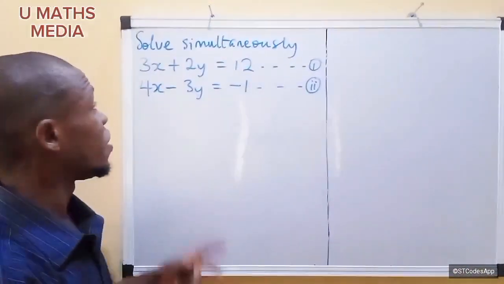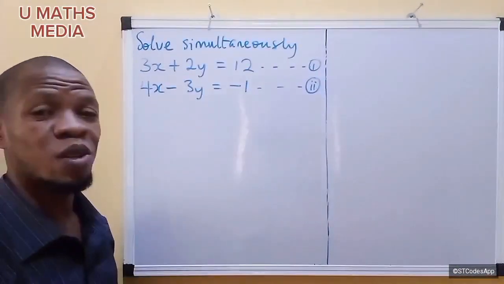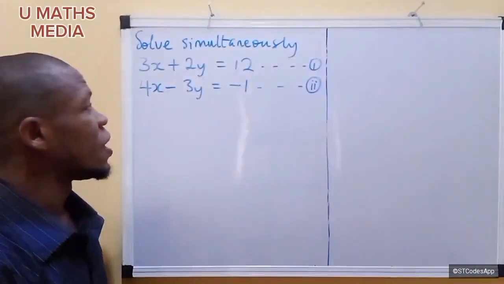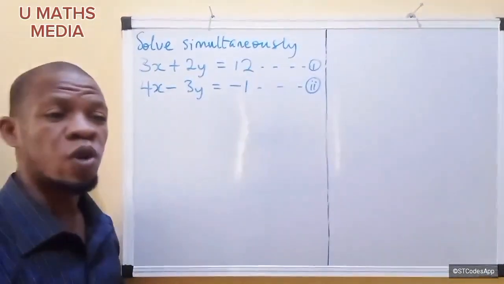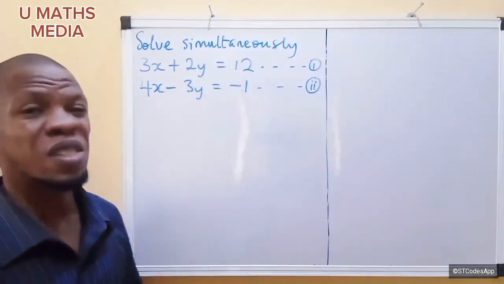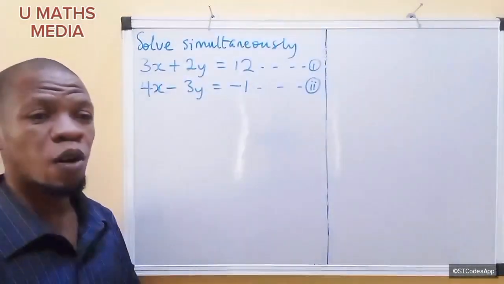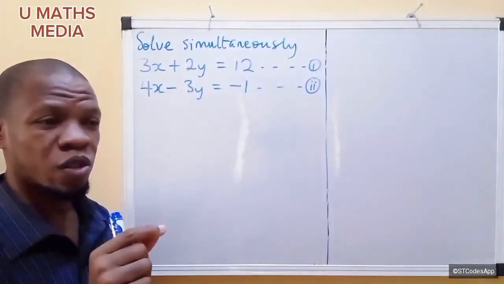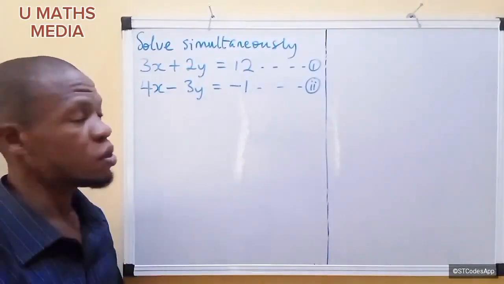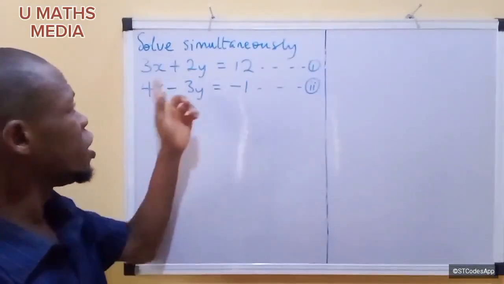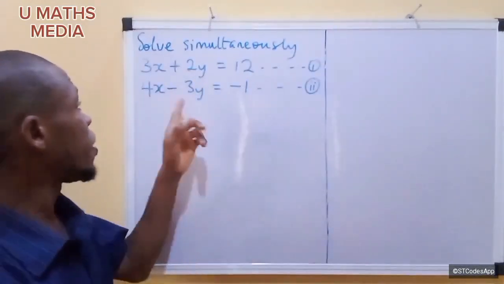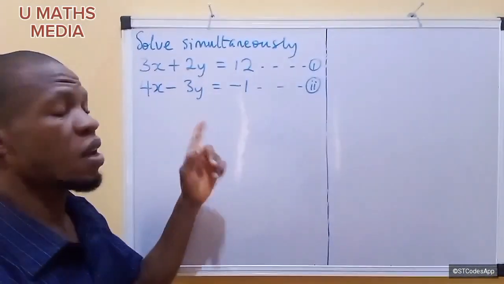Great viewers, these are the equations we are going to solve simultaneously. We talk about solving two equations or a number of equations simultaneously simply because we cannot solve one equation having two unknowns. If you look at these two equations here, each of them has two unknowns. The first equation has x and y, the second equation has x and y.